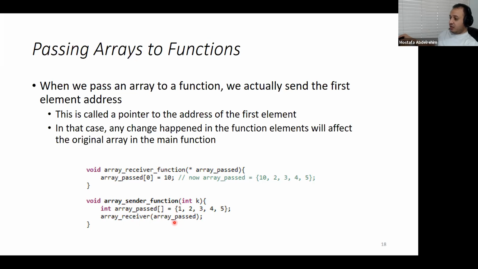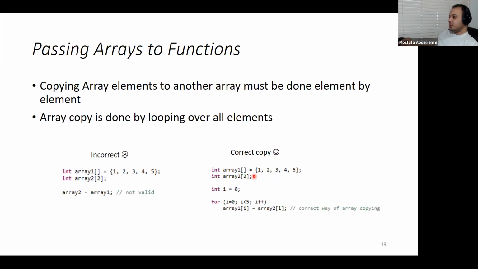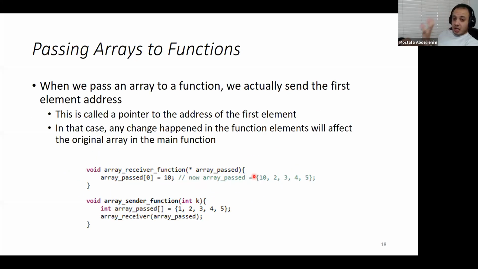When you send the array to this function and change the first location to 10, now this array has changed. So both will change. Now the first location has 10, not 1. So be careful on that, because this is different from normal variables that are not arrays.